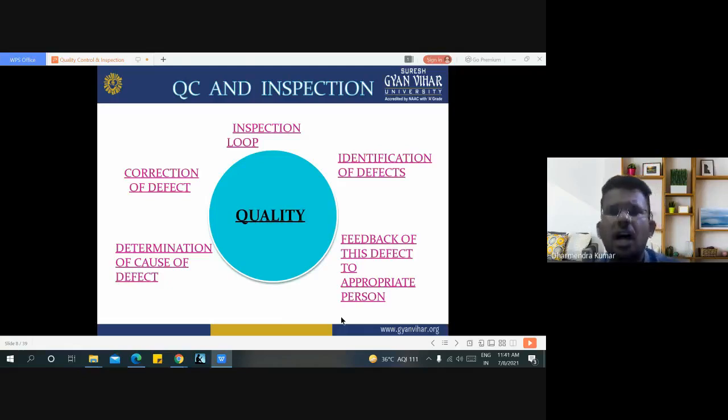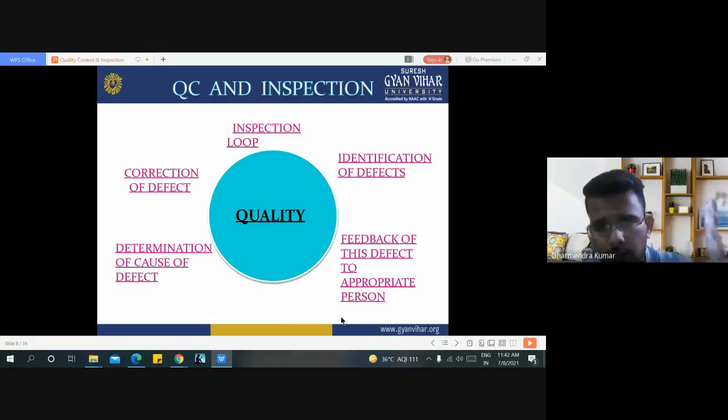We make a chart during the inspection process or during the quality control process, and the feedback of this defect: if a person on machine A is machining any component and the defect occurs at that point, and after another stage the QC team or the inspection team finds that the error comes from machine A, then the feedback should reach that person, for knowing the errors and the reasons behind them, and be sent to that particular operator to eliminate or try to find out the method for elimination of those errors.